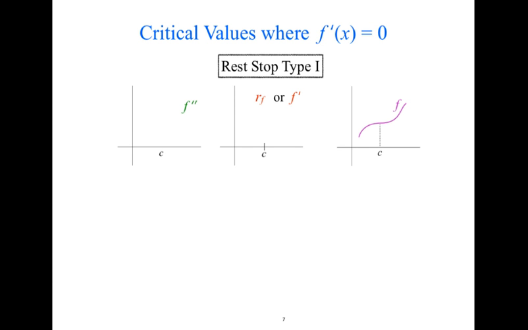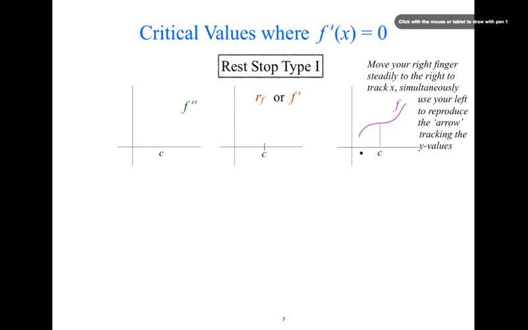So I don't have an animation for this. So use your fingers, right? As x increases like this. So as x increases, what would the arrow on the y-axis do? If you need to use your finger, right?